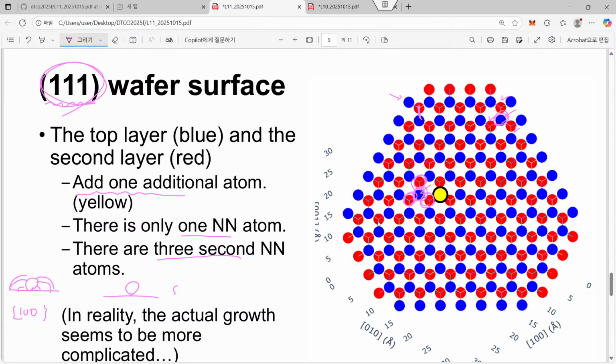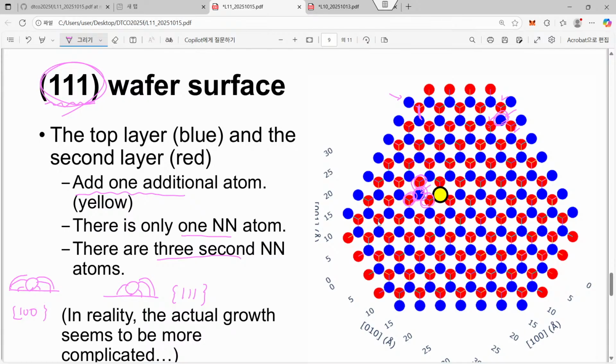And if we have a 111 surface, now we have a much weaker atomic bonding to keep it safe.